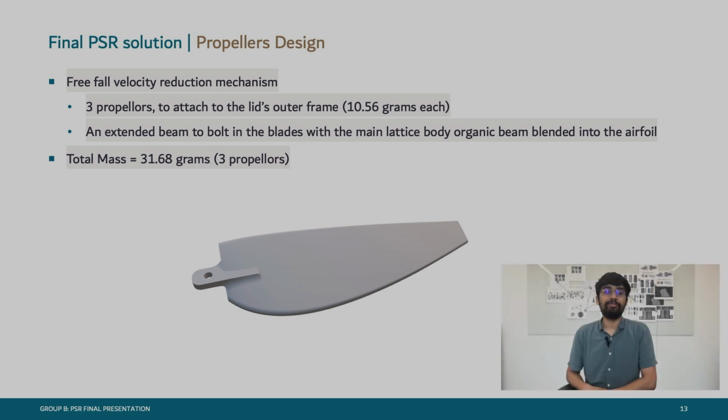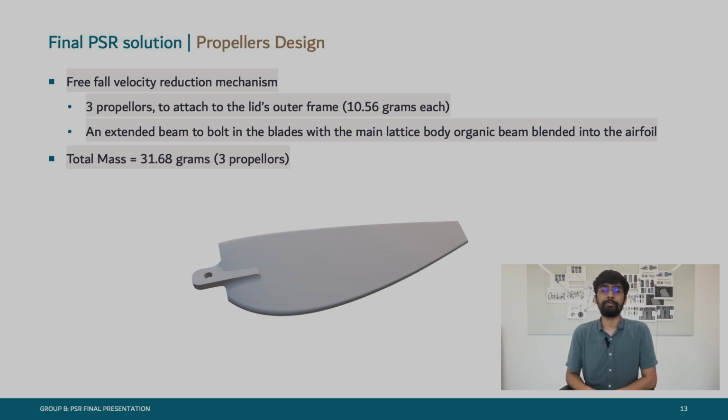The proposed free-fall velocity reduction mechanism utilizes 3 propellers, each weighing 10.56 grams, attached to the outer frame of the lid. These propellers are designed to reduce the velocity of free-falling objects by generating air resistance during descent. The integration of an extended beam allows for secure bolting of the blades with the main lattice body, which is organically blended into the airfoil design.